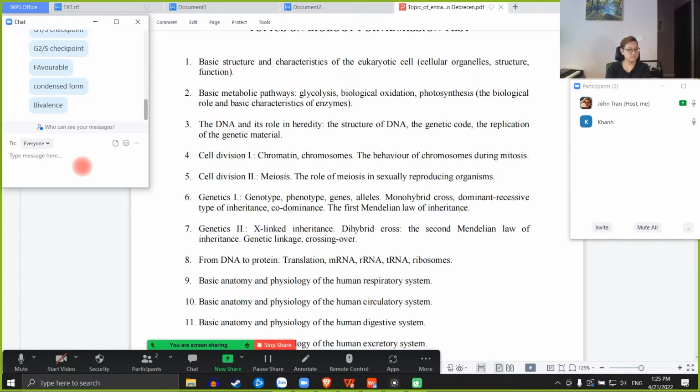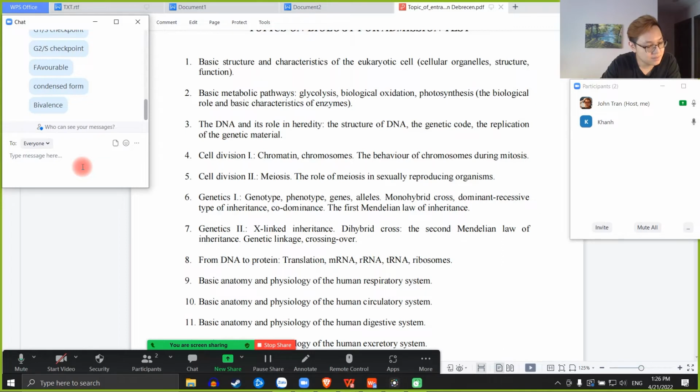DNA is composed of nucleotides, and each nucleotide comprises 3 parts: the phosphate group, the pentose sugar, and the organic base.